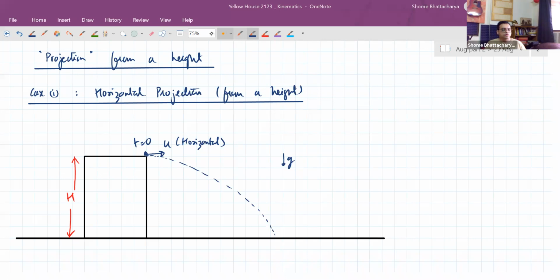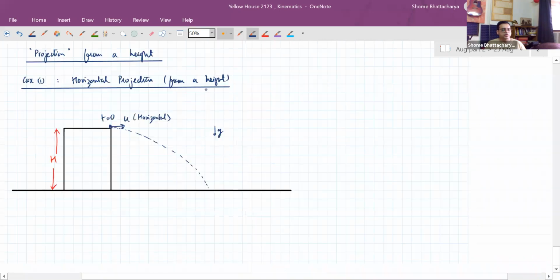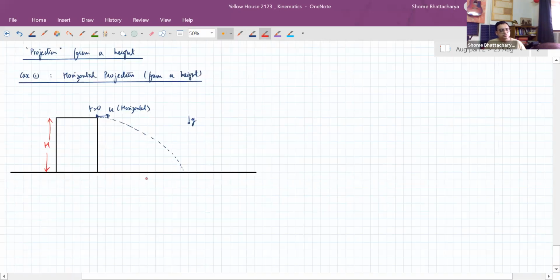Now this is the so-called horizontal range it's covering, and it impacts the ground at some time T with an impact velocity like this.